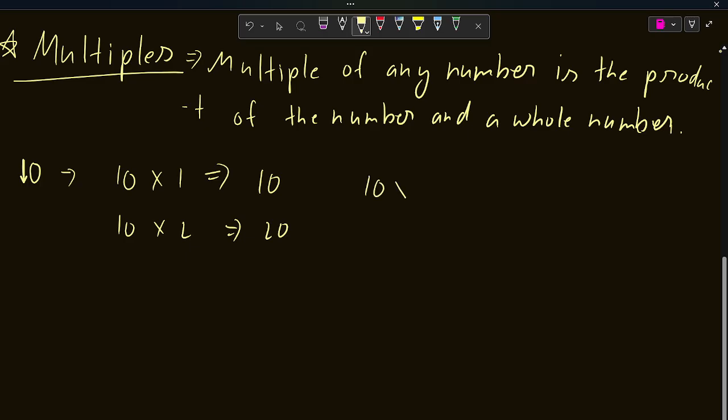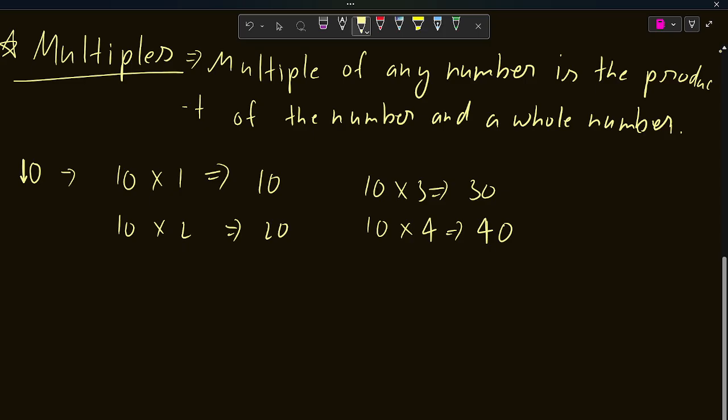Suppose I'm multiplying 10 with 3, I'm getting 30. So 30 is the multiple of 10. Suppose I'm multiplying 10 with 4, then I'm getting what? I'm getting 40. So 40 is a multiple of 10. Okay, like so, we can find an infinite number of multiples of 10. Why?